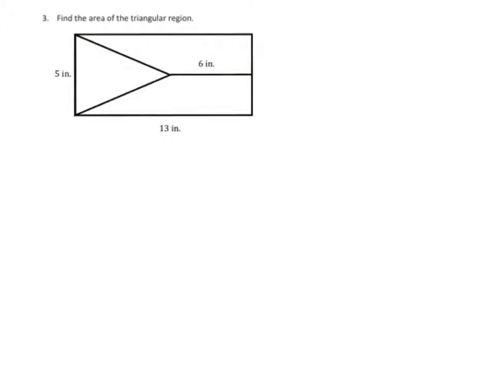Alright, so for number 3, it says find the area of the triangular region. That's why it's important to read these directions. It only wants the area of this piece, not the whole thing. Okay? So, we know that the area of a triangle is base times height.